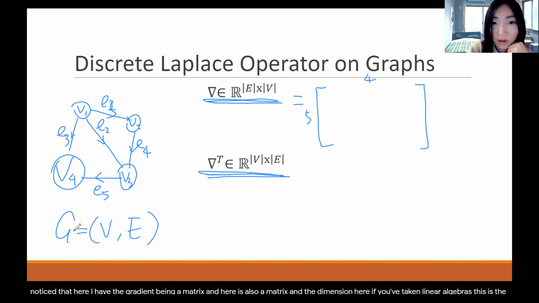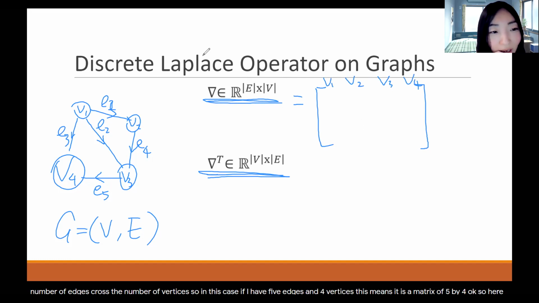Each column represents a node here, V1, V2, V3, V4, and we have 5 edges here, E1, E2, E3, E4, and E5.